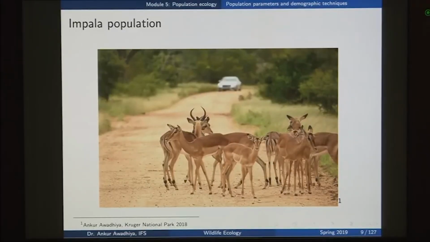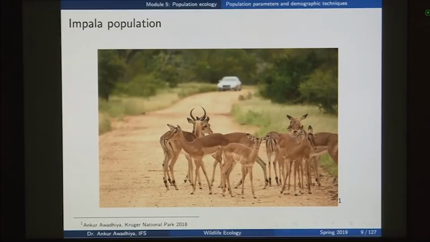Well, impala are a very important prey population, and if you have more prey, you will also, with time, increase the population of the predators. So if you are managing this area for cheetahs, or for say lions, you would want to increase the impala population. Similarly, in India, we want to increase the population of cheetals and sambars, so that there is more food available for tigers.